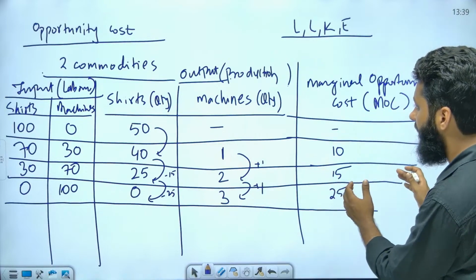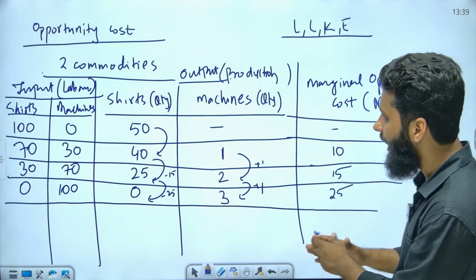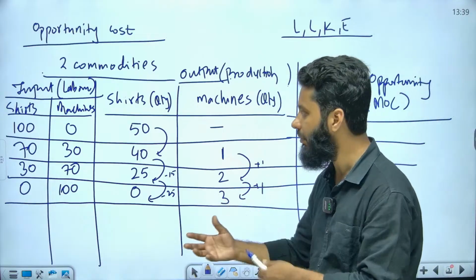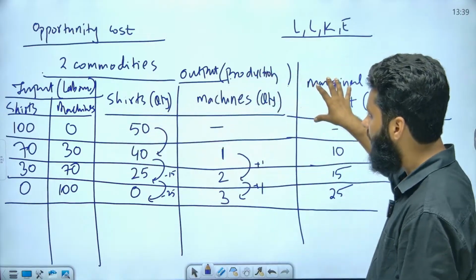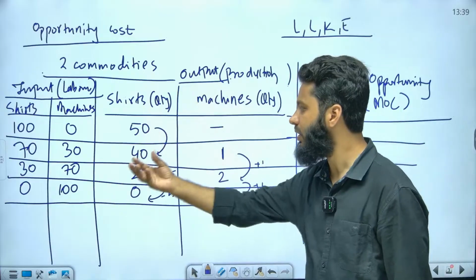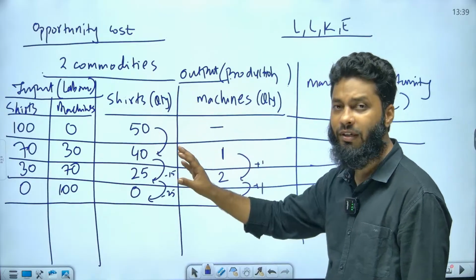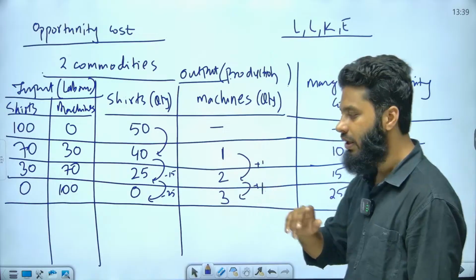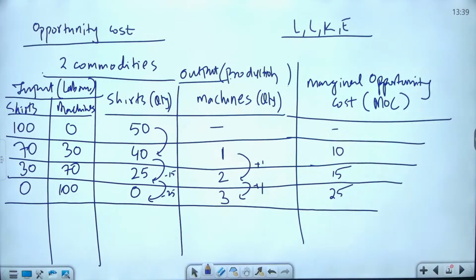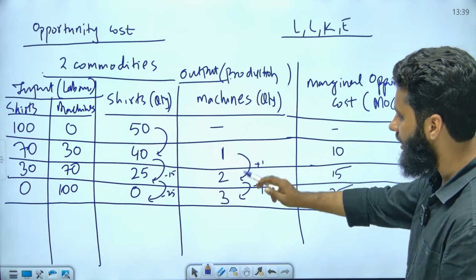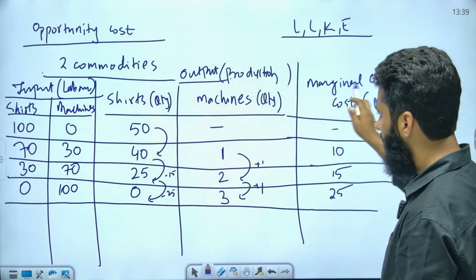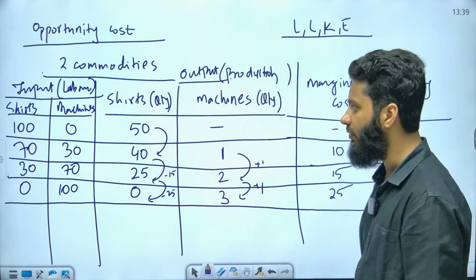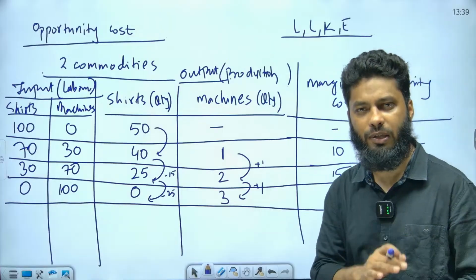This is the observation table for diverting labors, one of the resources, when we have a choice between two commodities. Now we can draw a graph for this observation. That graph will be known as the production possibility curve.